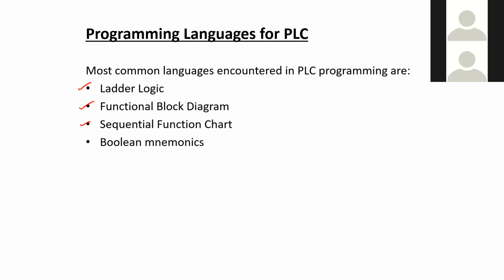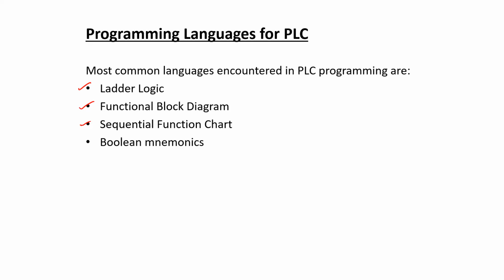In a sequential chart, the set of instructions are drawn, and Boolean mnemonics are a bit similar to assembly language, where different operations have specific symbols or abbreviations. Using those abbreviations, a code can be written. So these are some of the common programming methods used by different manufacturers.